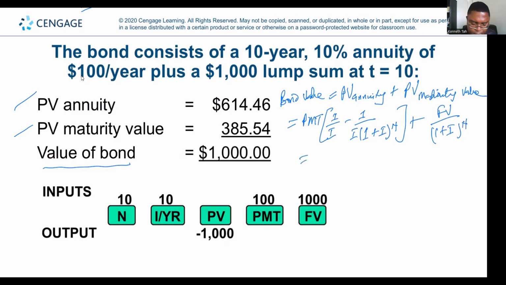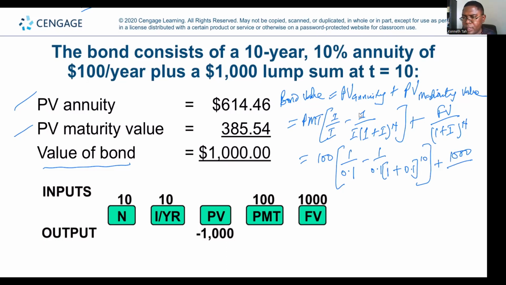So if we fit this in, the payment is 100. The interest rate is 10%, which is 0.1, so 1 over 0.1 minus 1 over 0.1 times (1 plus 0.1) raised to the power n, which is 10 years, plus the par value at the end, which is 1,000 divided by (1 plus the interest rate, 0.1) raised to the power n, which is 10.